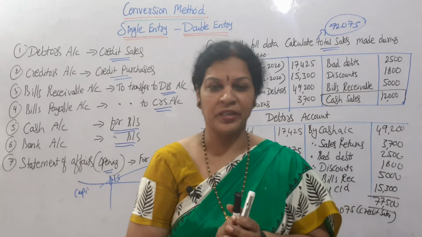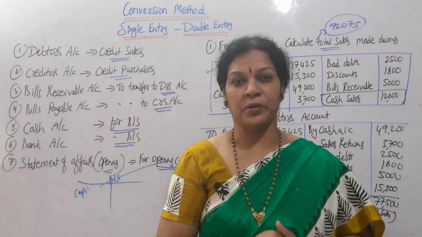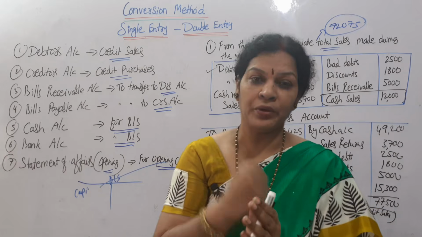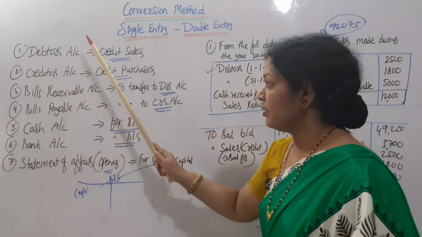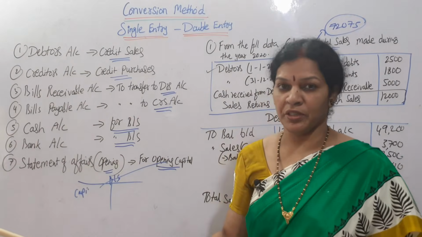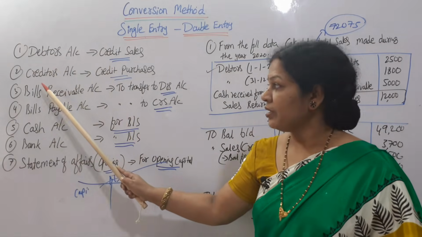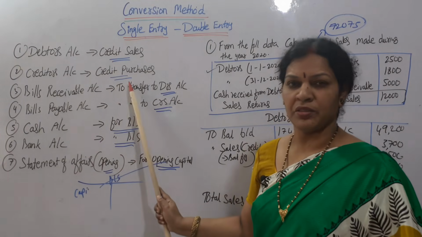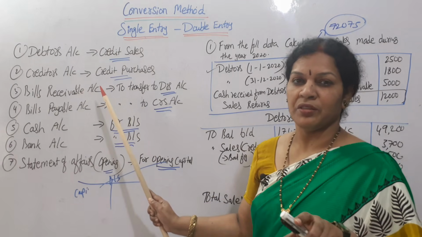Now let me give you a recap. Conversion method means we want to convert single entry to double entry. Only a few pieces of information are given, and the rest we have to gather. To gather the rest, we have to open all these accounts as per the information given. One is the debtors account to know the credit sales, the creditors account to know the credit purchases, and the bills receivable account, to transfer into the debtors account if information is given, otherwise we can ignore it.